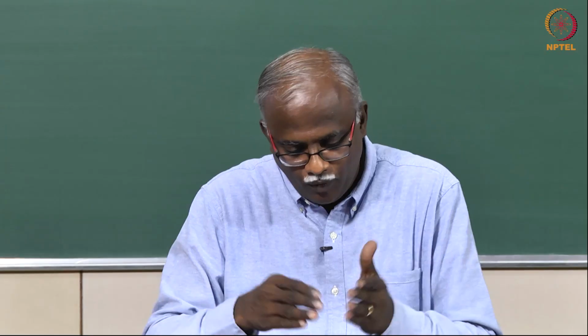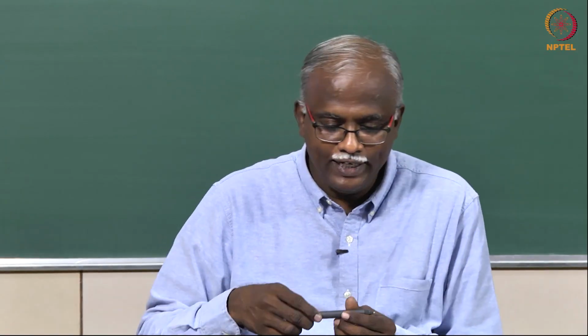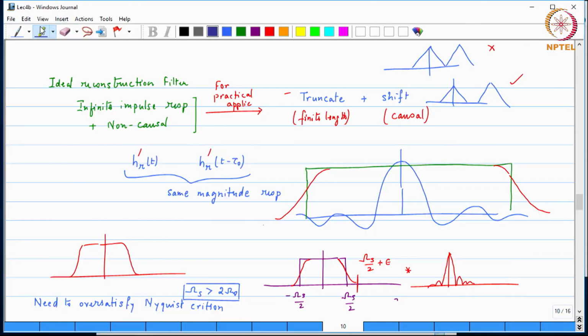Whatever is the best that you can do, you will find that most of the times the best that we can do in terms of analog filters will be of this form, right. So, the brick wall is not realizable, and this is how we go from there to something that is.